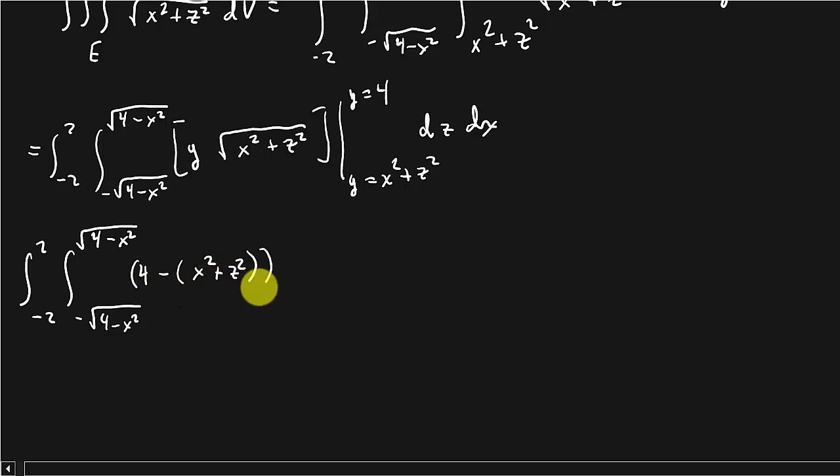I plug that in for y times the square root of x squared plus z squared. Remember, this is just a constant. I'm plugging the 4 in for y, and then minus, plugging the x squared plus z squared in for y. And that is dz dx.